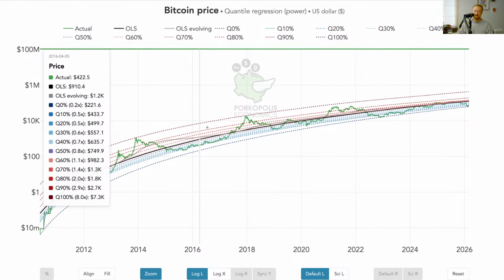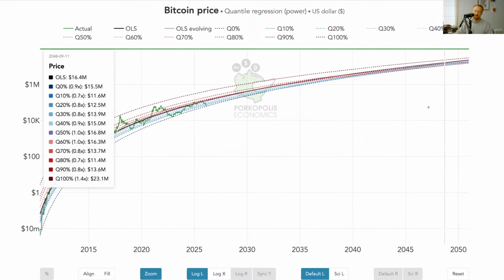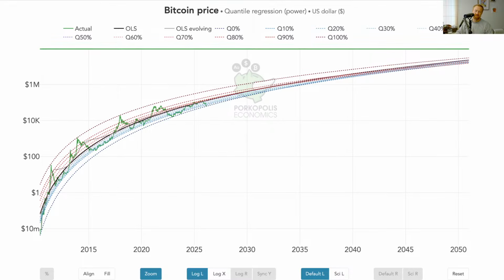That's because in a proper statistical quantile regression, each line is sloped differently. And here we can start to see perhaps what is a true bound for Bitcoin's growth.